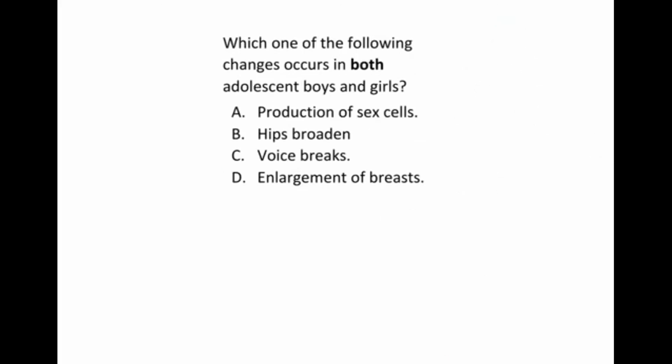Which one of the following changes occurs to both adolescent boys and girls? During the stage of adolescence, which is a period between childhood and adulthood, there are some physical changes that occur to both boys and girls. Others occur to boys alone, others occur to girls only.